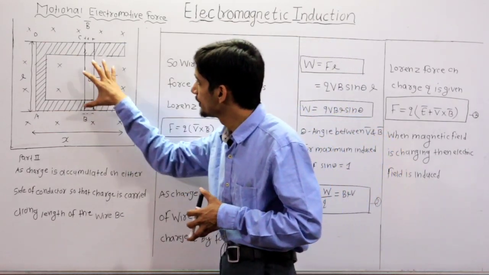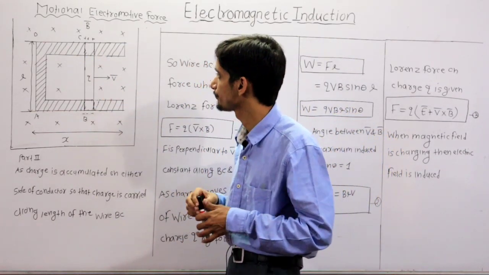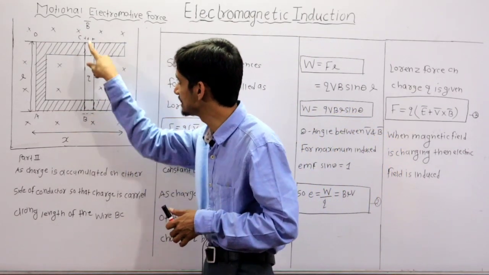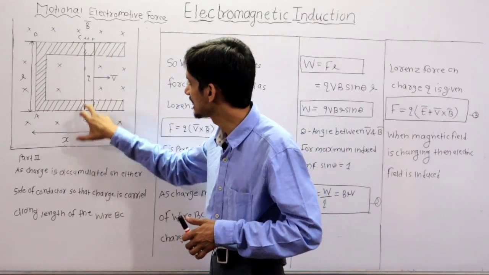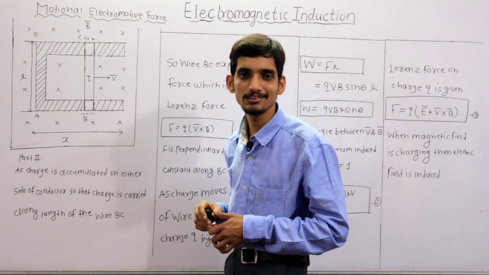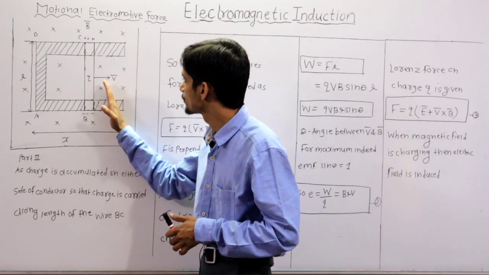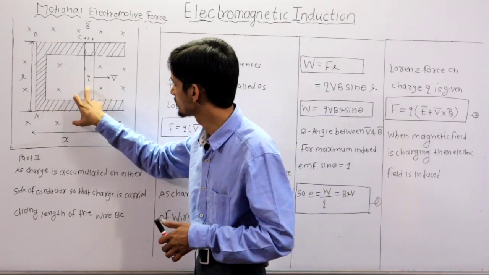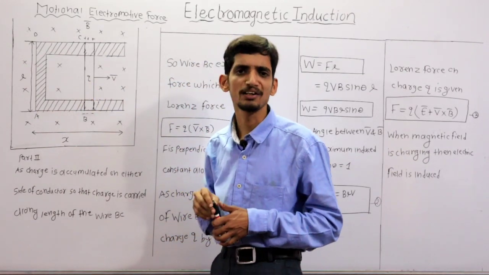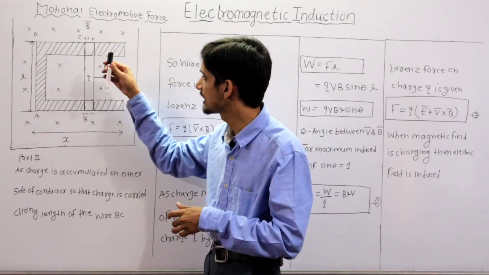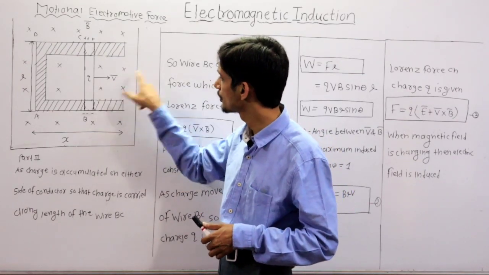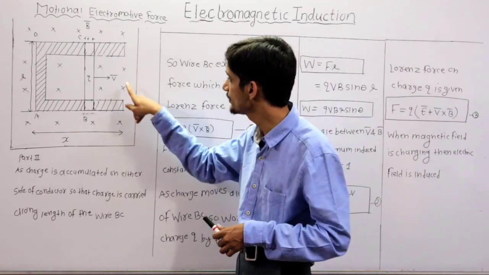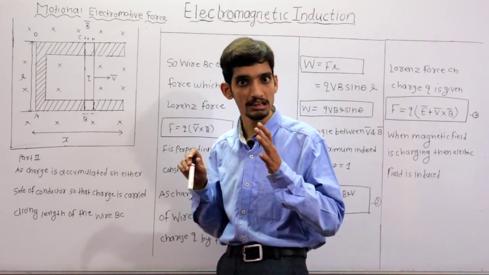Now look into this diagram, which shows that BC is the wire having length L, and it is perpendicular to the magnetic field. Clear? Because the wire is like this and the magnetic field is like this, and we are moving this wire towards the right side with velocity v, that we already discussed.